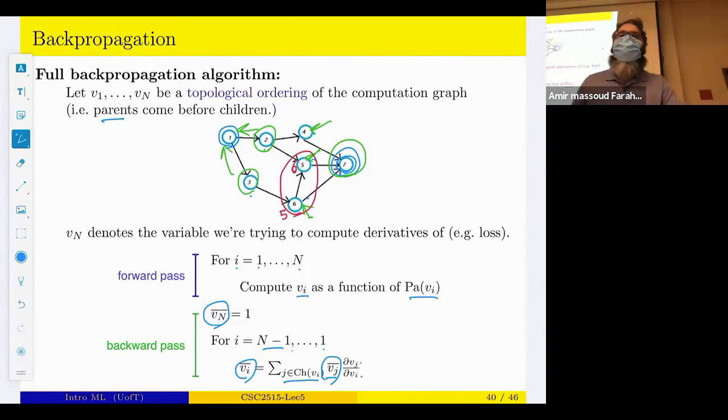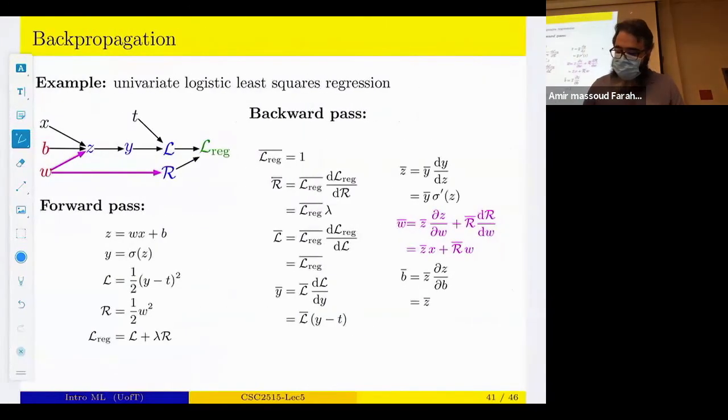Okay, so this is the backpropagation algorithm. This is describing what I described through some examples. And we can think of how it is working. For example, in this case, this is a logistic regression model. So the forward pass is through this computation. We get to L regularized to be L plus lambda times the regularizer.